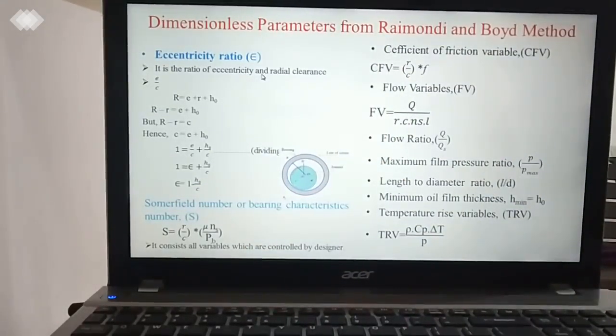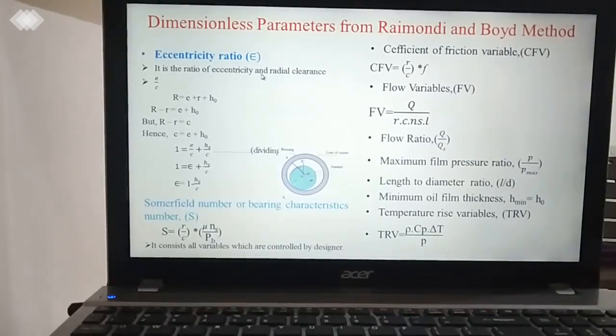Next is the Sommerfeld number or bearing characteristic number. That is capital S is equal to R upon C, squared, into mu ns divided by pp, where S is the Sommerfeld number. That number is defined by Sommerfeld, so the name is the Sommerfeld number. Mu is the viscosity of lubricant, in Newton second per mm square.